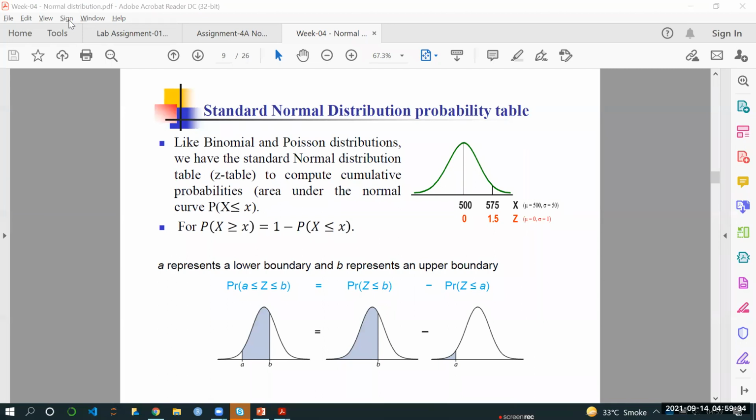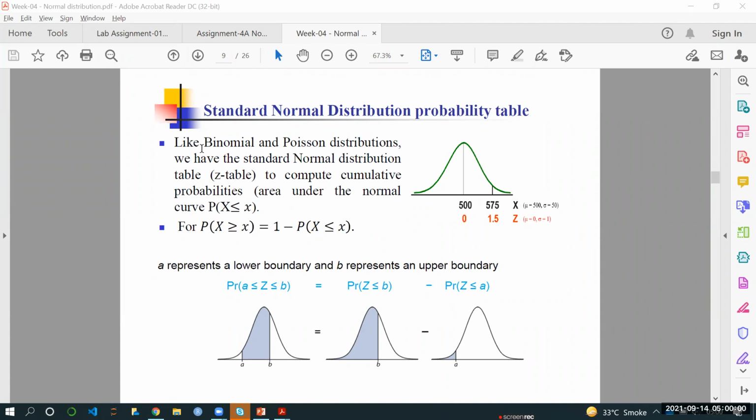Why is it so important to have a standard normal distribution? Because, as I explained, if we assume different values of mu and sigma square, we can have many different normal curves. But if we standardize, we will have only one curve, with the center at 0 and standard deviation equal to variance.